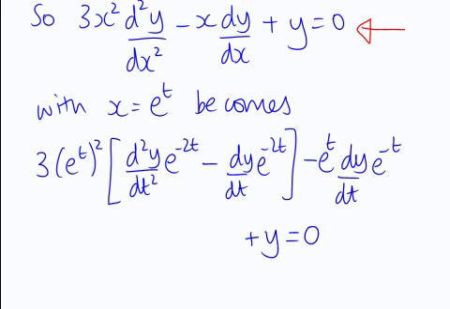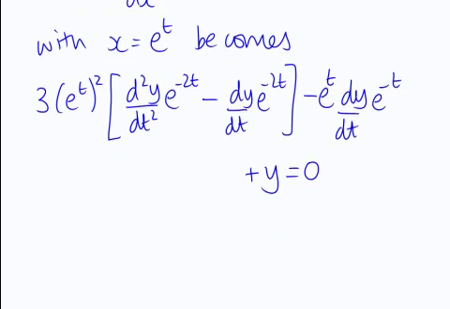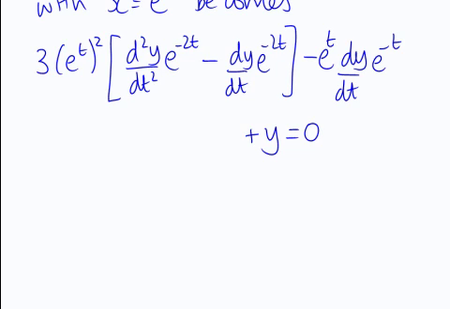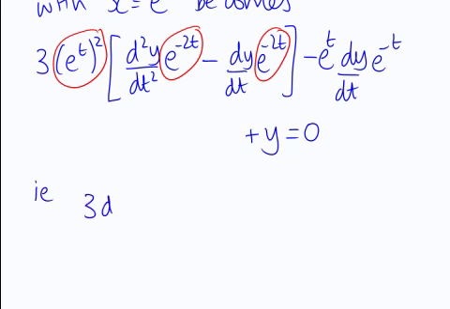And the idea is that this should now simplify considerably, and hopefully you can see that that's true. What I have here is an e to the 2t, and it's going to cancel with the e to the minus 2t. When I multiply those two terms together I get e to the 0, which is 1. So the first term becomes 3 d2y by dt squared minus 3 dy by dt.